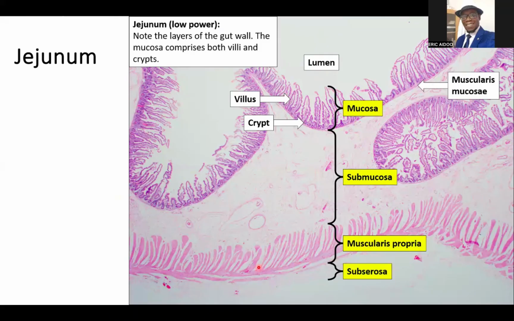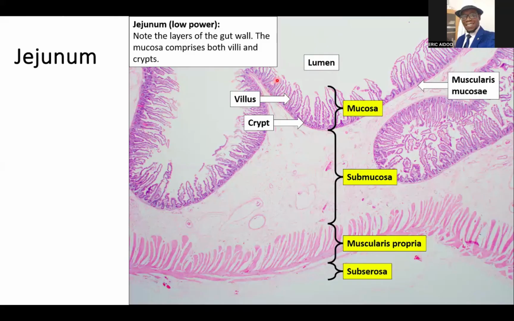Again, the profile is not the same. As you can see, one is going upwards, and then the other one is running parallel or longitudinal. At this point, you can see that the submucosa is now throwing the mucosa into folds.